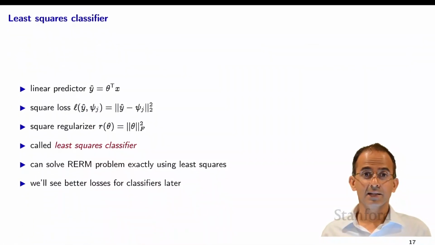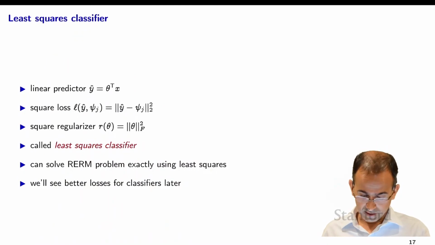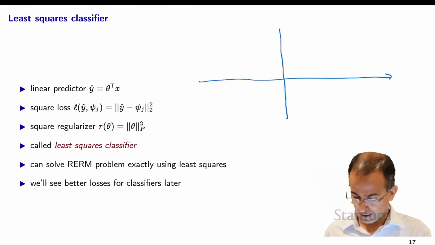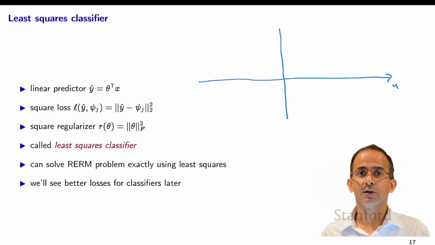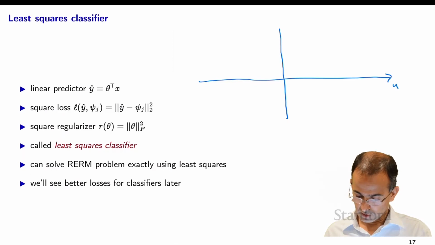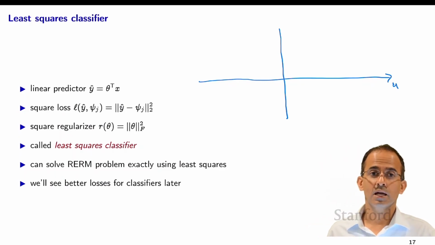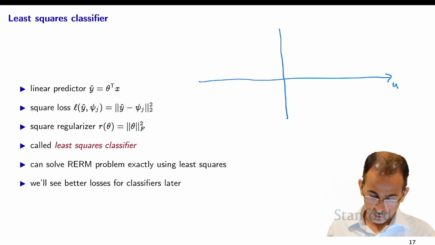In the least squares case, it's quite interesting. Let's consider what that is in the Boolean case. So in the Boolean case, let's have u be one-dimensional, just to make it easy for me to draw. And let's have v be either true or false, and we'll embed true to 1.